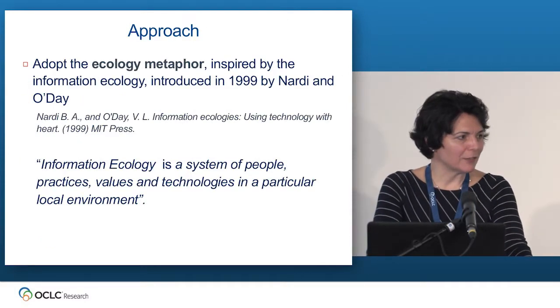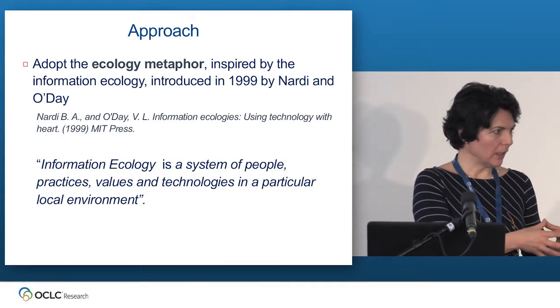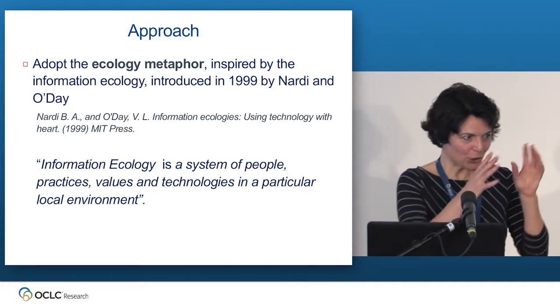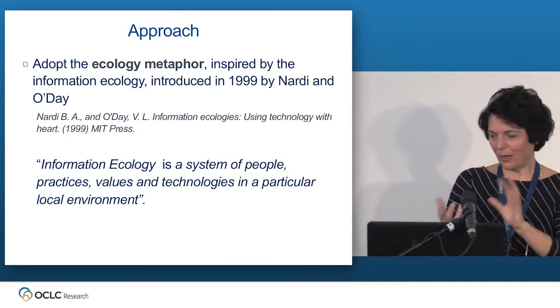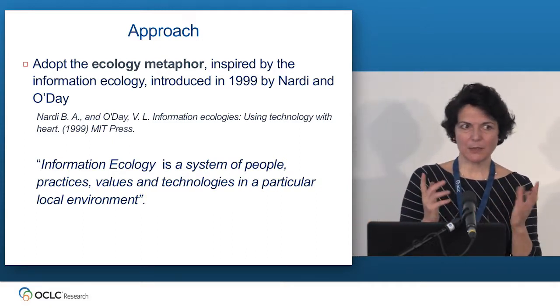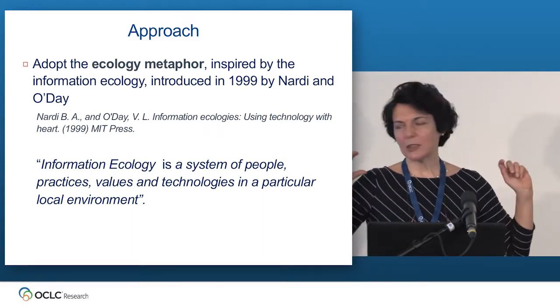So the approach we have taken, instead of thinking about a metaphor of a record, we said, okay, how about thinking about ecology? So that's the shift in mindset. I'm not really dealing with something that's very static. In fact, what I'm dealing with is something that is very complex and dynamic, and the ecology is my starting point.